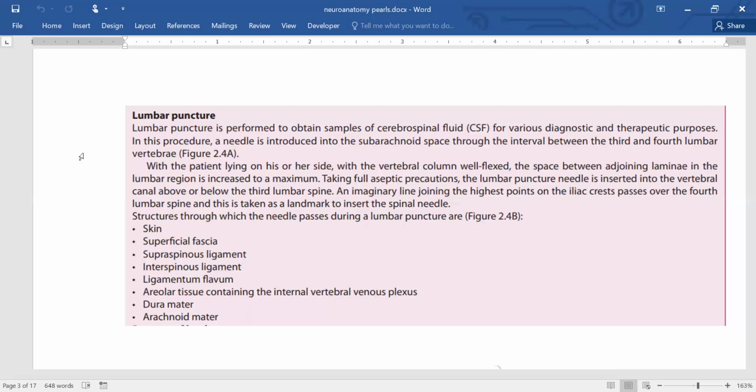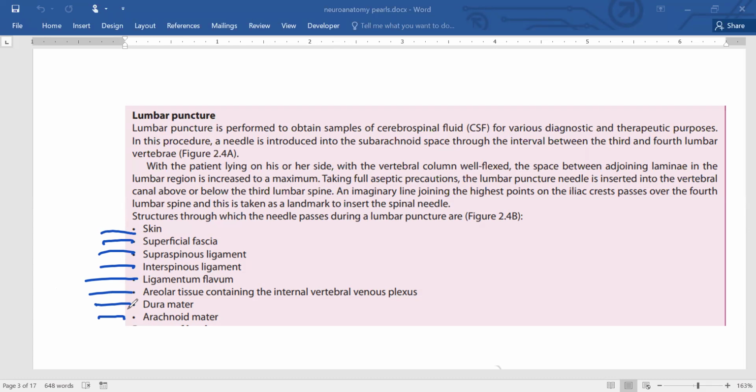During this introduction, we have to pass through several layers, starting from the skin, superficial fascia, then supraspinous ligament, then interspinous ligament, then ligamentum flavum, then areolar tissue containing the internal vertebral venous plexus, then the dura mater, and then arachnoid mater.